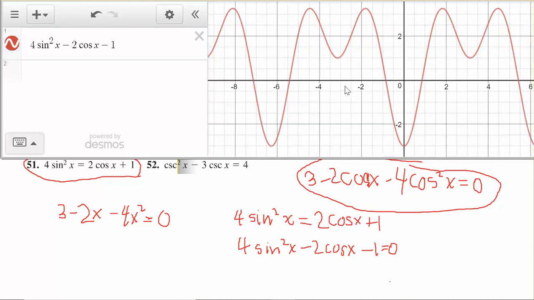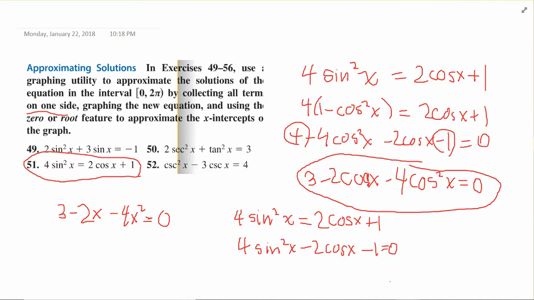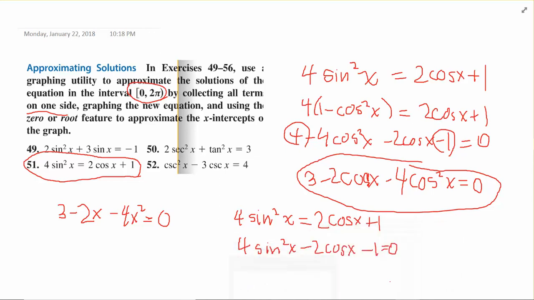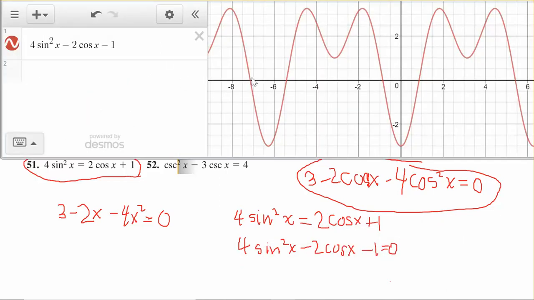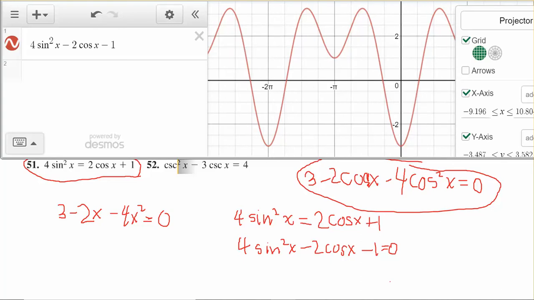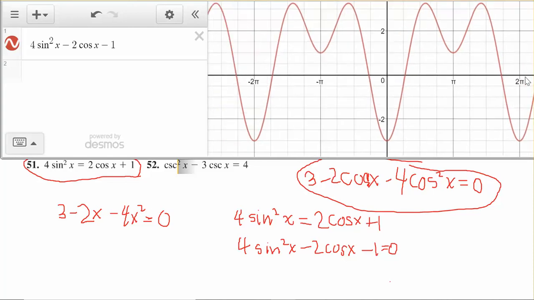And now it asked me specifically to solve it between, well, let's go back to that and see what the instructions say. Between 0 and 2 pi not including 0. So if I go to look at that graph, I'm going to tell it to create the x-axis in terms of pi, and that'll make it a little easier to see where 2 pi starts and where it ends.